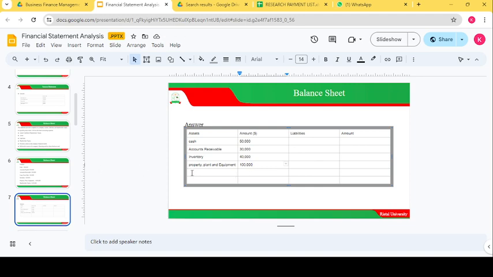So let's calculate our total assets. When you add 50 plus 30 plus 40 plus 100, that will give us 220,000.